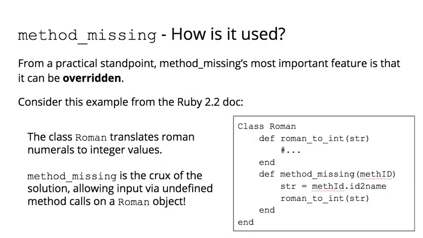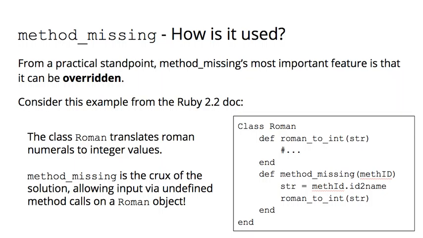And you can see the second method here is actually an override version of method missing. The version takes only one argument, and that's that method ID, that integer argument from the previous slide. And essentially, it converts the ID to the method name and then passes the method name to the roman to int method.